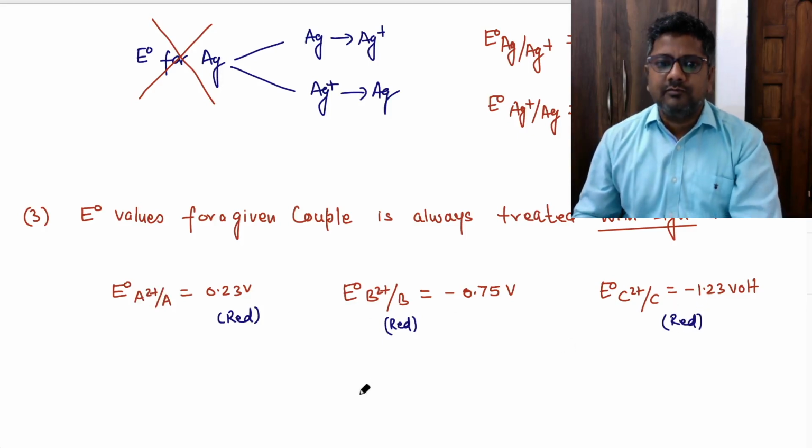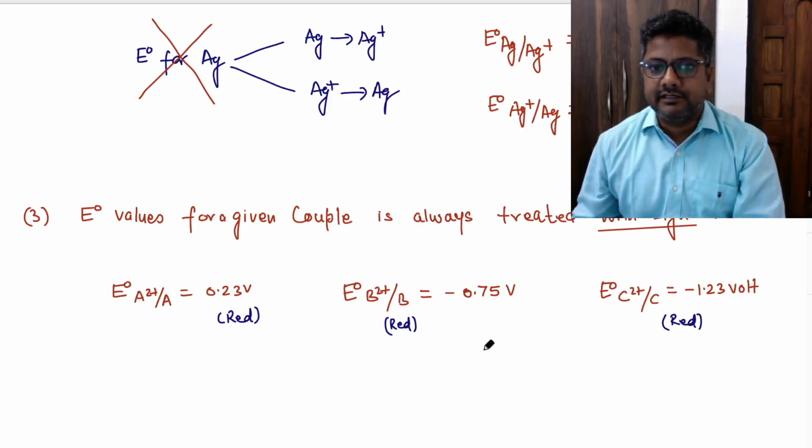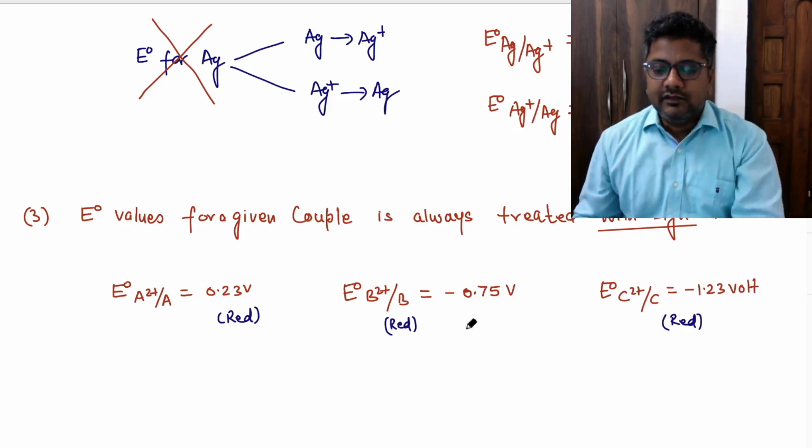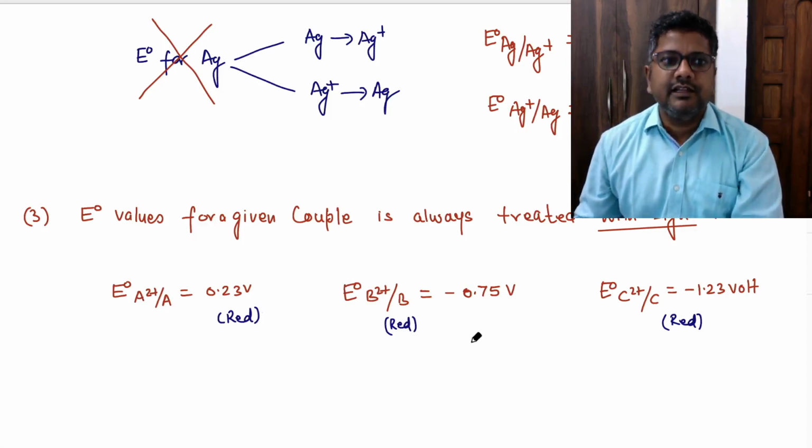And if you want to compare, arrange these couples in the order of their increasing reduction potential, right?